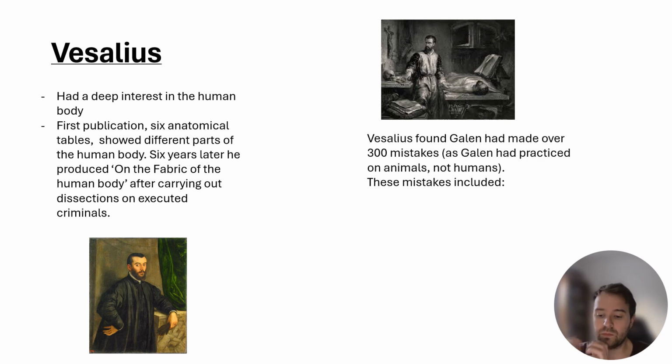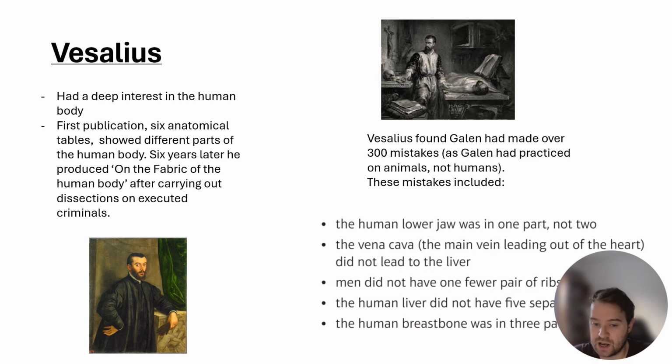Now, if there's one thing really to note down for Vesalius, it's this, because this is where you get the marks. This is what I'd be looking for in evidence to show progression, to show more understanding. He finds 300 mistakes, and these mistakes include, the lower jaw was in one part, not two. The vena cava did not lead to the liver. Men did not have one fewer pair of ribs.